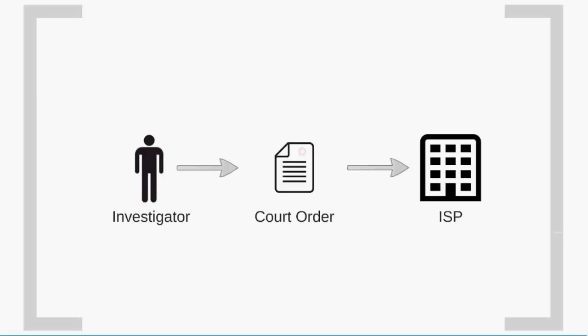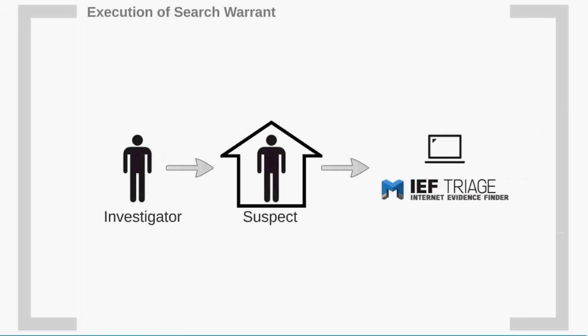But in any case, a court order that allows us to obtain the name and address of the suspect from their ISP. So now that we're armed with that information, as well as other evidence that's been gathered through this investigation, we're able to obtain a search warrant now for the residence of the suspect.